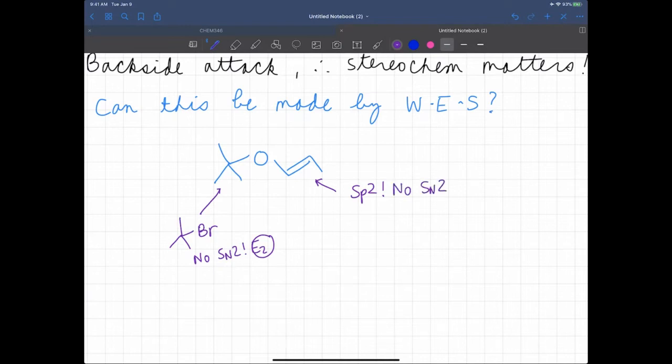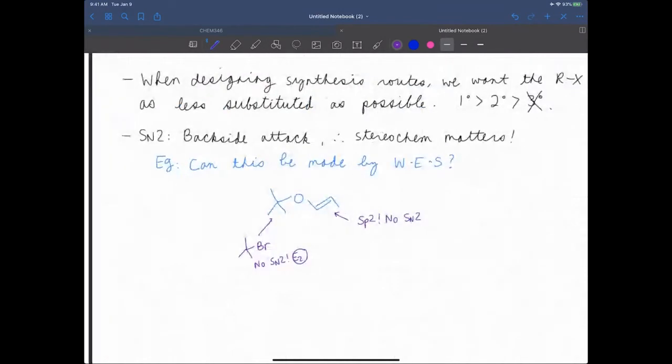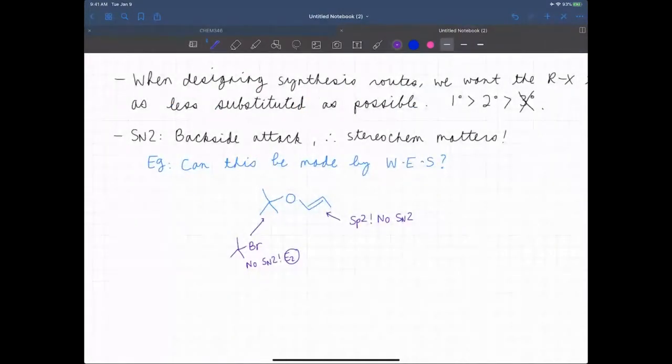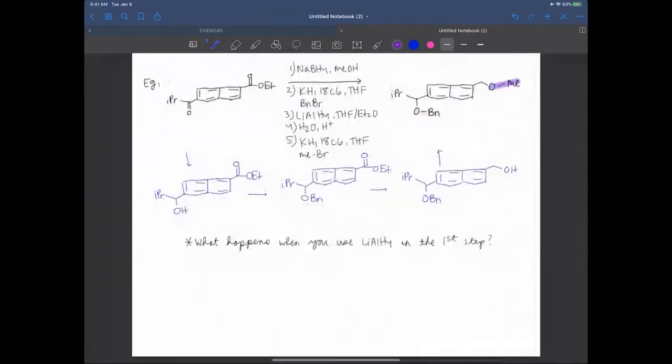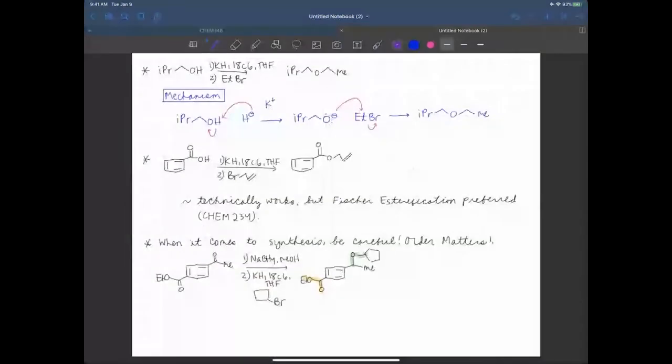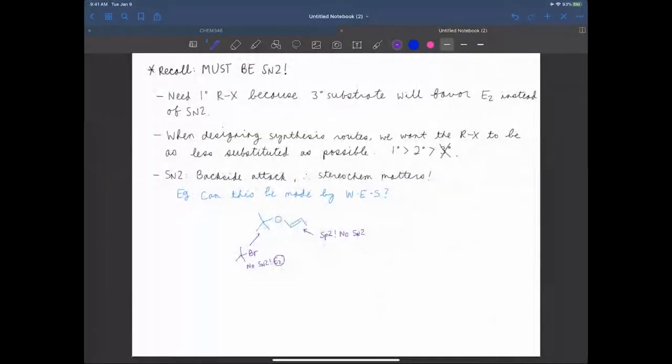No. So there's no way you can make this, at least as far as I'm concerned for you. You don't need to know how to make this. It's just not possible with the Williamson ether synthesis. Okay, and with that, we are done with ethers. As you can see, it's a really simple process, but I'm going to use ethers to show you how we can make epoxides now.